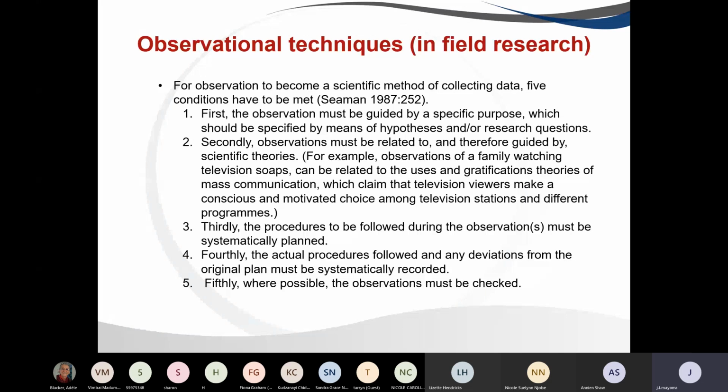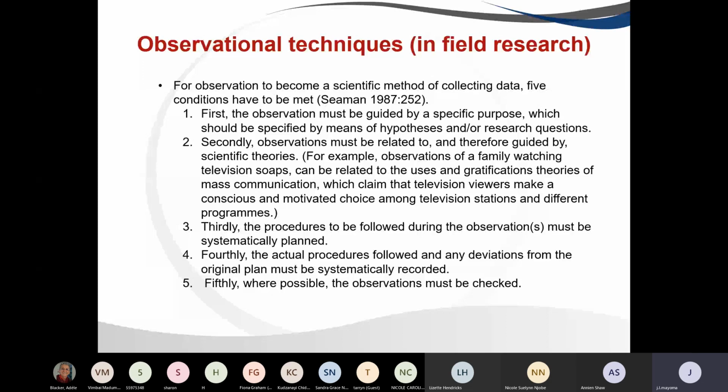But for observation to become scientific, there are 5 conditions that need to be met, and we're just going to quickly run through them. The first is that the observation must be guided by a purpose, which should be specified by means of hypotheses and research questions. We know this from our discussions on setting up a research question and defining our problem.